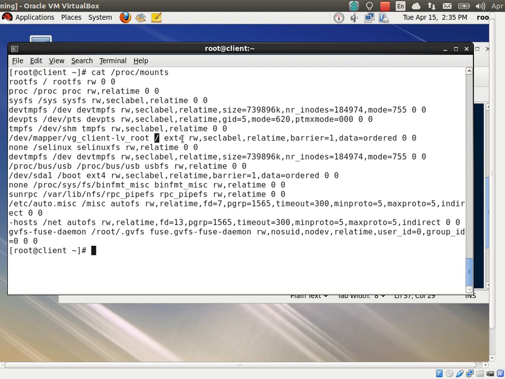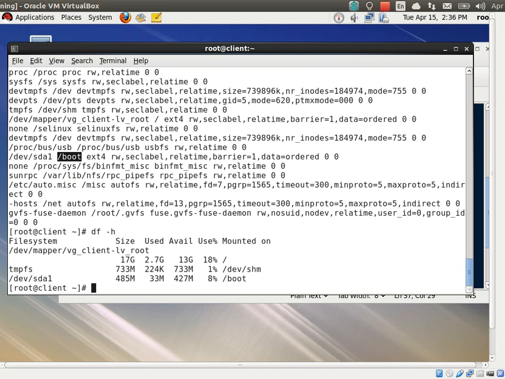The fstab says defaults, but the file system is ext4, read-write, with the relatime option, and your tmpfs also has relatime. Your boot is a separate partition. If I give df -h here, I've got three different file systems. The boot is also mounted with the relatime mount option, and your slash or root is also mounted with relatime.